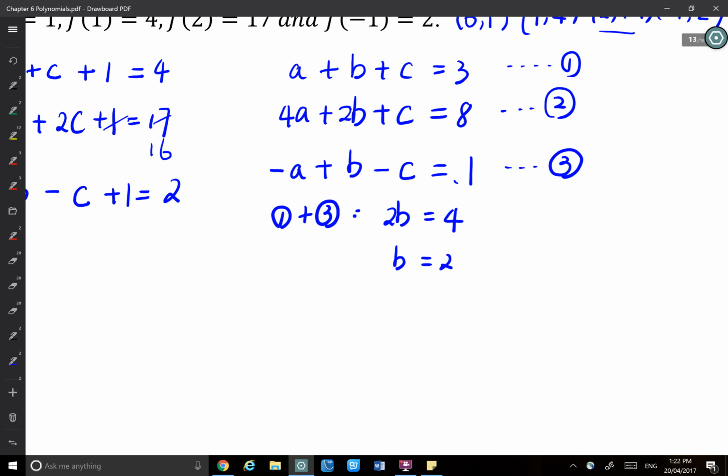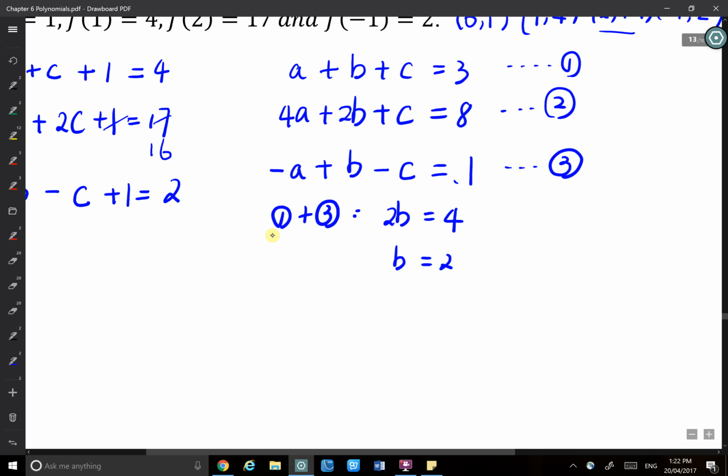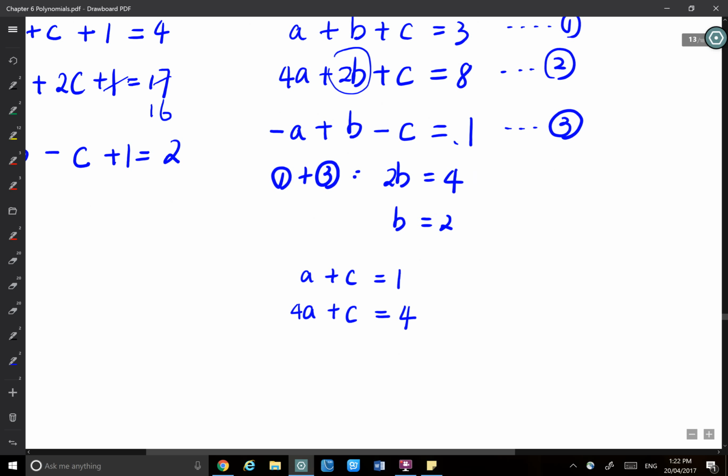So let's rewrite that. If b is 2, a plus c will be 1 from the first equation. From the second equation, 4a plus c will be, that's 2 times 2 is 4, 8 minus 4 gives you 4. Okay, that's the new equation 1 and that's the new equation 2.